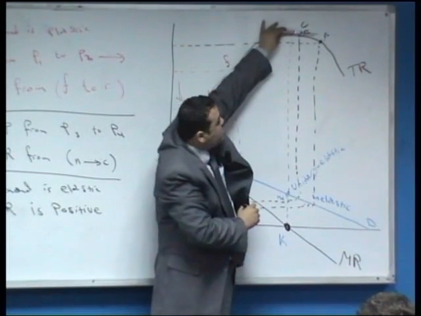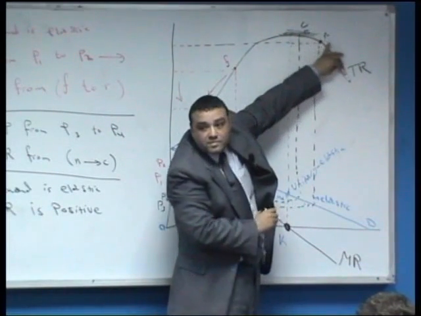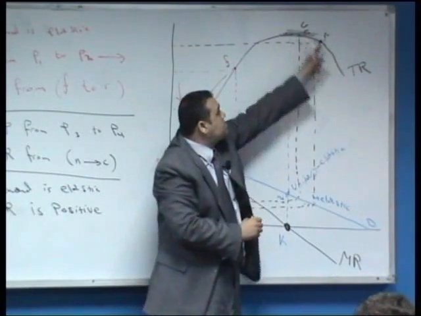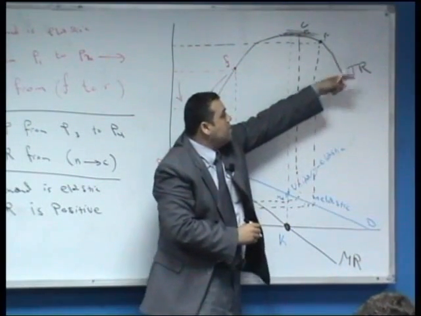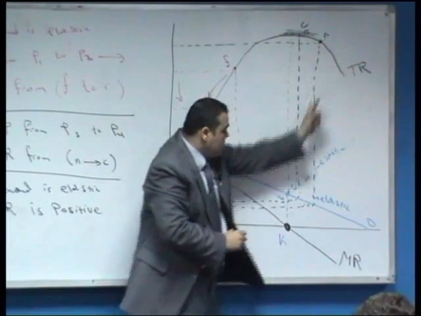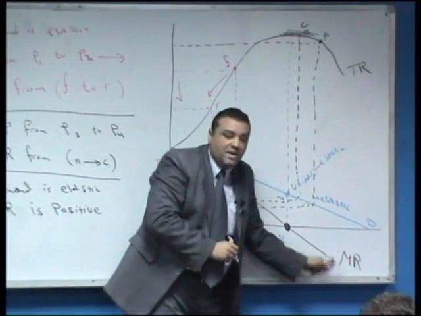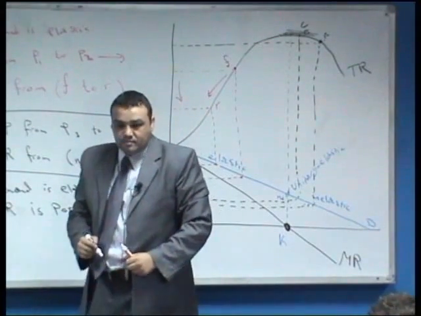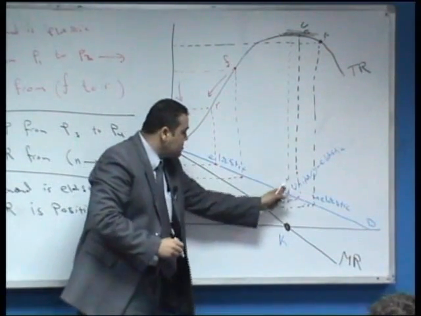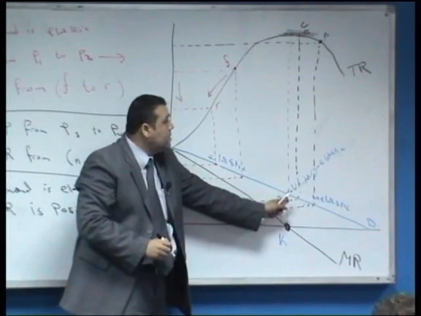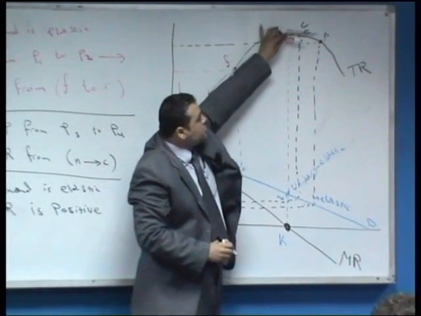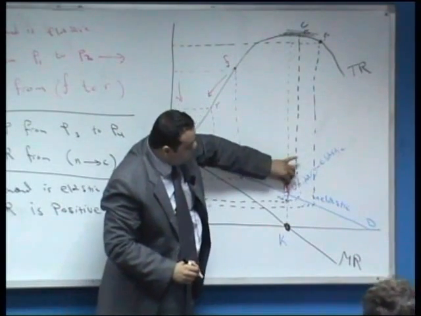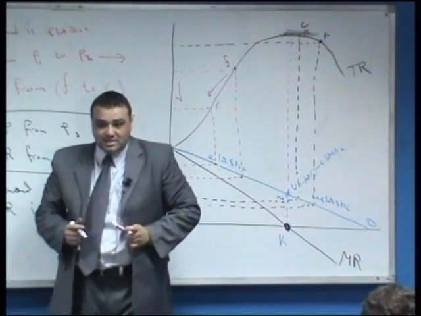In the third stage, when the total revenue is declining from C to N to another point, MR is negative and the demand is what? Inelastic. In the previous case, when the total revenue reaches the maximum, the peak, the demand is unitary elastic. Right?